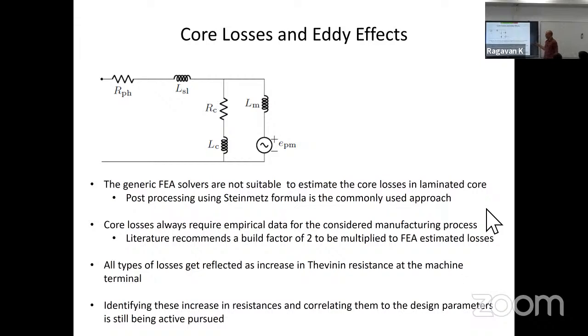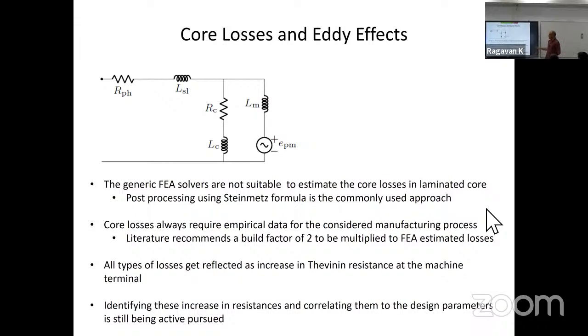Again, there is a practical problem in doing this kind of theoretically correct analysis. So the common approach is to solve for the B distribution and use the Steinmetz equation locally in each mesh element. Whatever the B is there, apply the Steinmetz equation. Or nowadays, improved Steinmetz equations and generalized improved Steinmetz equations have been published, so people are using those equations on the FEA solution, right?